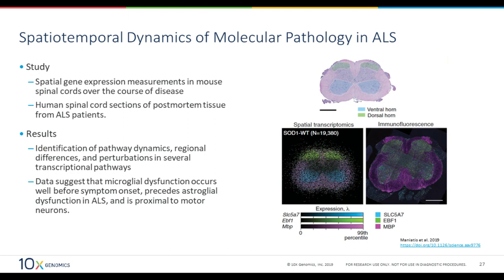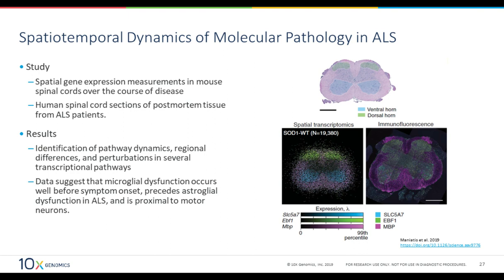And what they found, using only really spatial analysis, is that they could look at very defined local regions in which the microglia underwent some sort of dysfunction that came before what you would consider an astroglial dysfunction, which is usually indicative of symptoms in ALS. And they found that these are very proximal to the motor neurons, indicating that it actually precedes the negative symptoms that you experience in motor function.